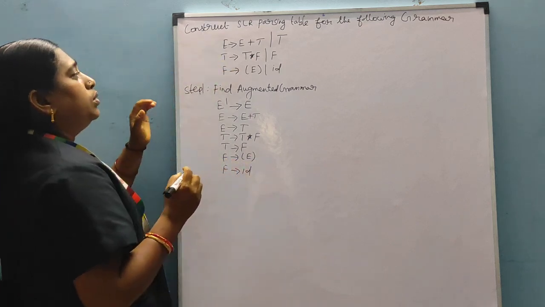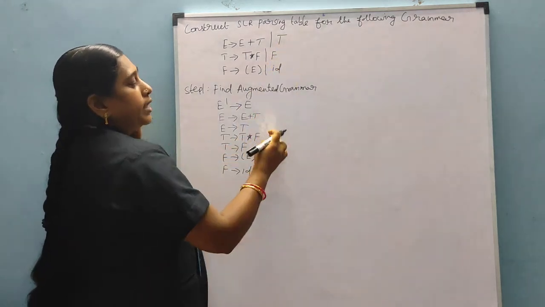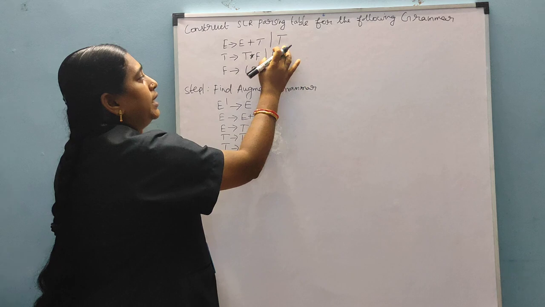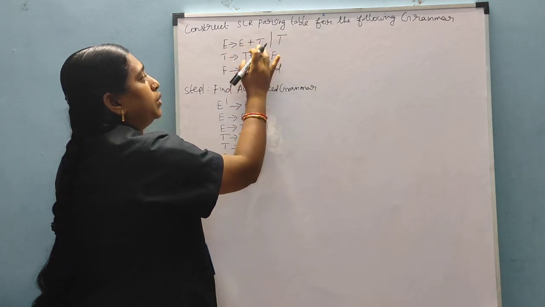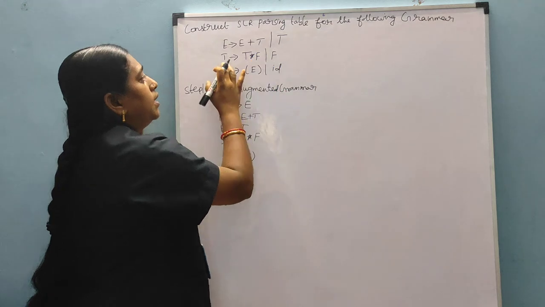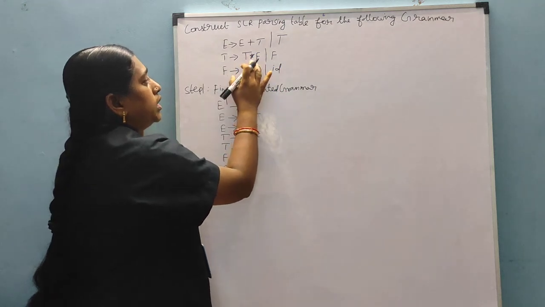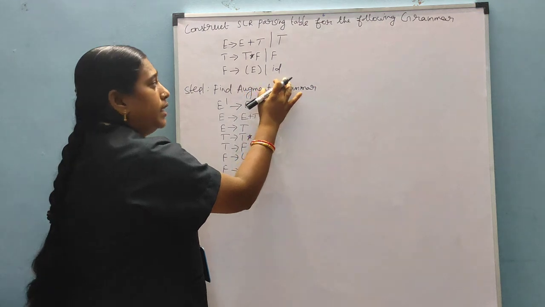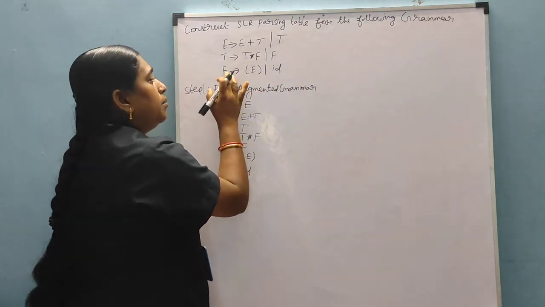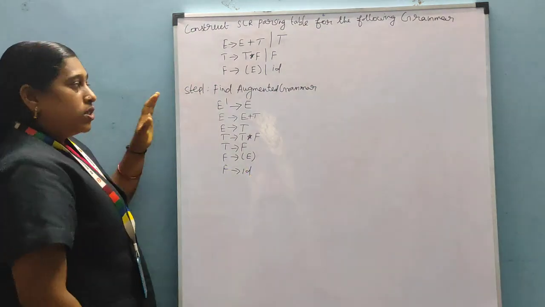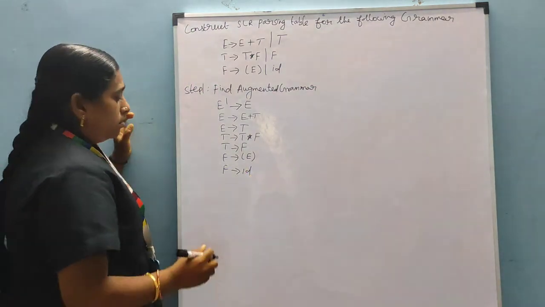We have to write the proper grammar line by line. Instead of E tends to E plus T or T, I am separating the grammar into two: E tends to E plus T, then E tends to T. Likewise for T, T tends to T star F, then T tends to F. Instead of F tends to E or ID, I am writing F tends to E, then F tends to ID. That's all about your augmented grammar.